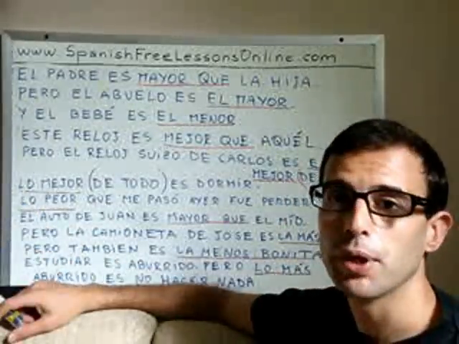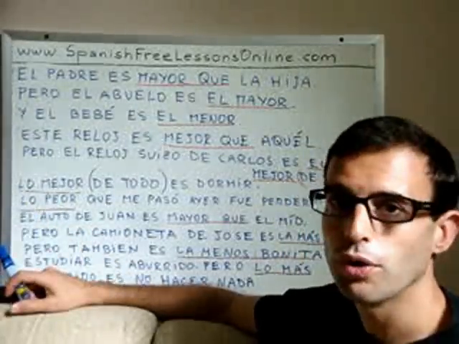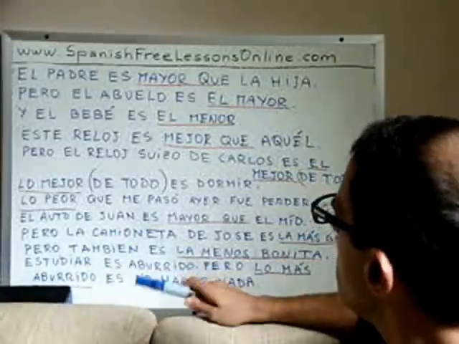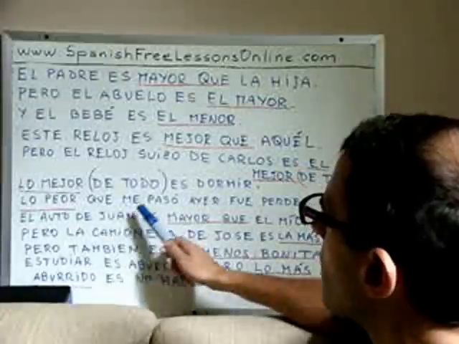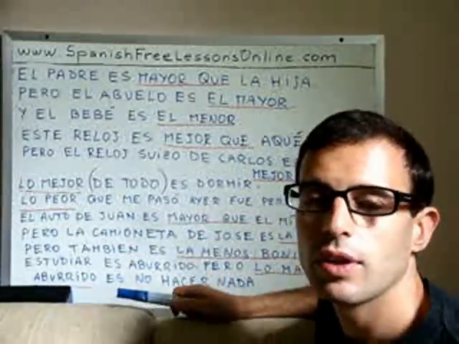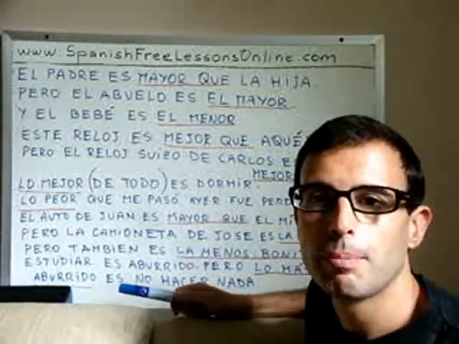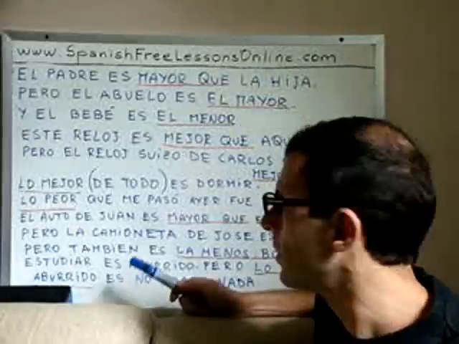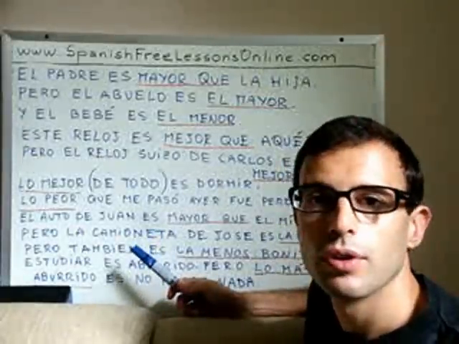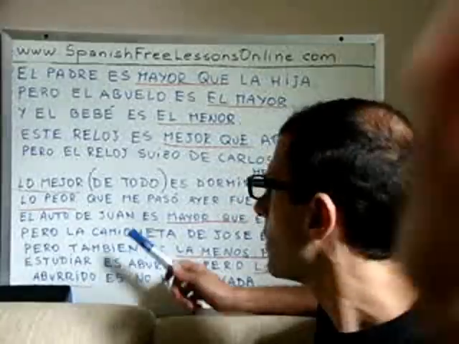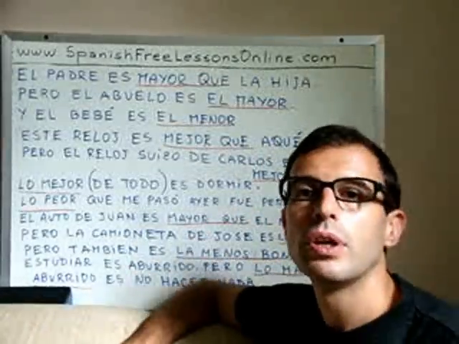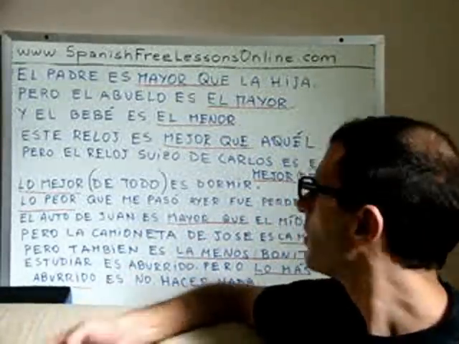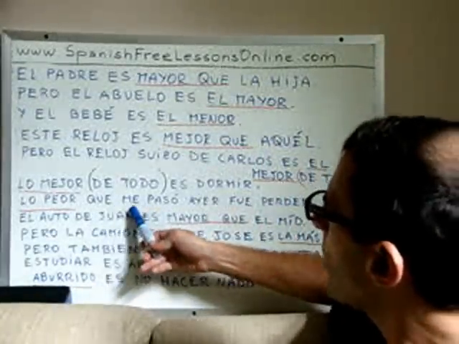Another example with peor, which means worse. Let me tell you these words. Pasó is simple past tense for verb pasar, to pass. Pasar is also to happen. So, pasó, me pasó.